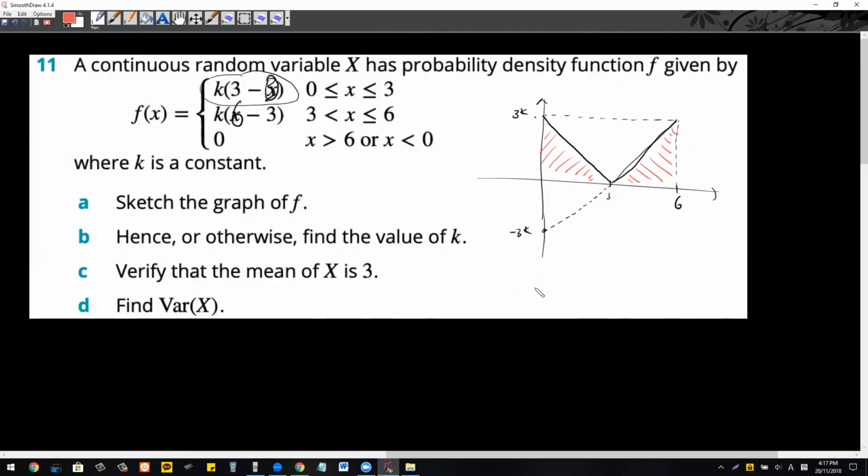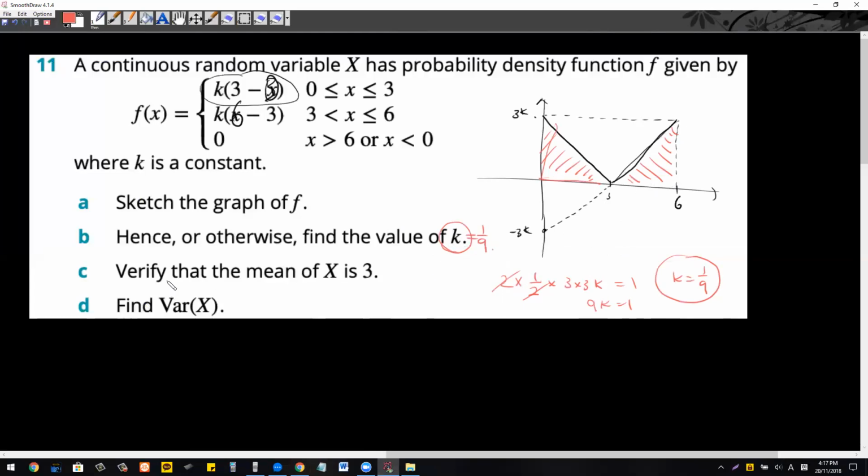So this is half times 3 times 3k, but this must be the same area as well, so times by 2 equals 1. So 9k equals 1, so k is equal to 1 on 9.